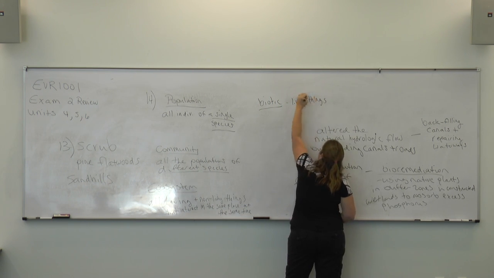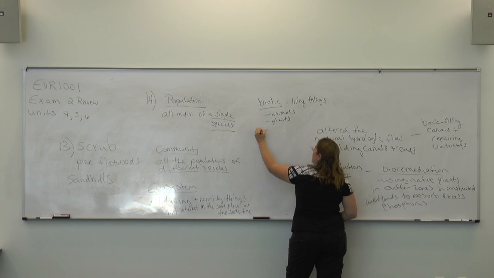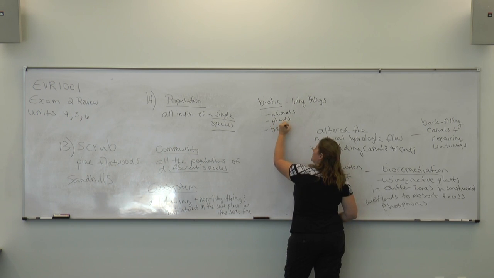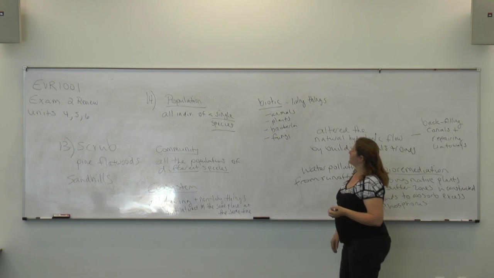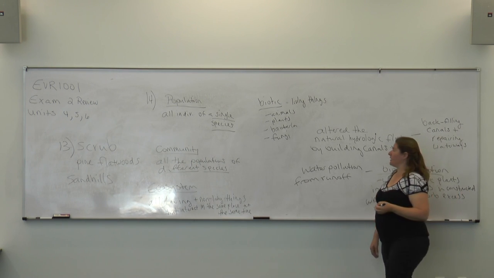Animals. Plants. How about microscopic organisms that can be found in the soil, for example? Bacteria. How about fungus? Fungi. All those things are living things that are important in an ecosystem.